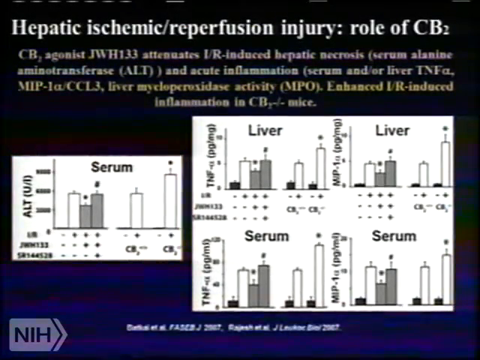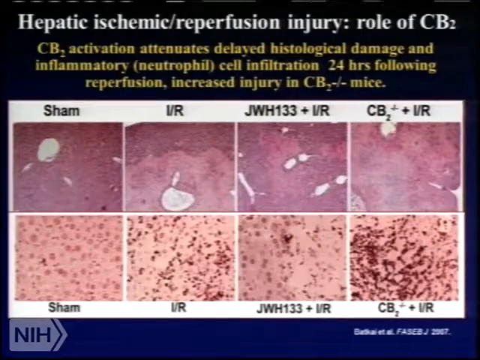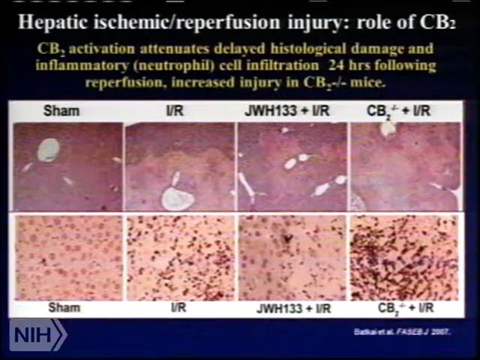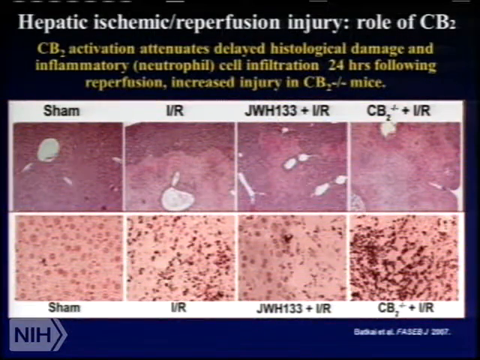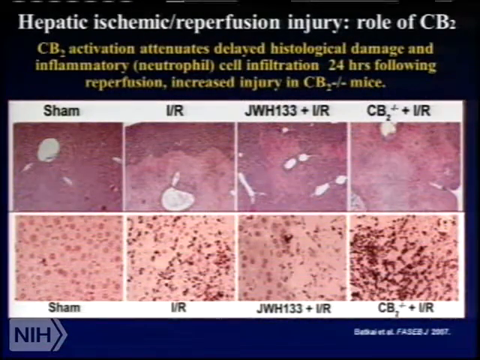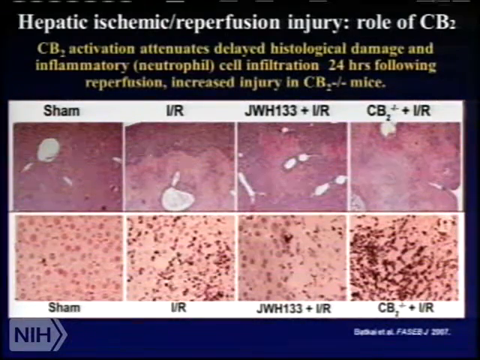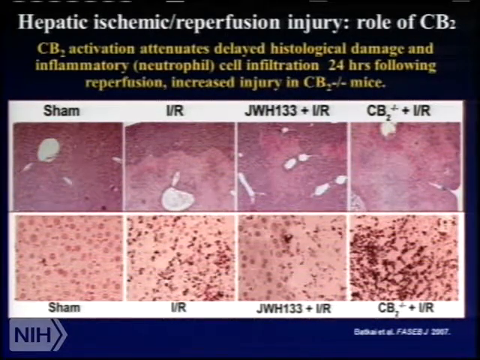And similar effects were seen on various serum and liver inflammatory chemokines and cytokines, that ischemic reperfusion increased the injury, and this was attenuated by CB2 receptor agonists. So you see marked necrosis during ischemic reperfusion. This is more focal, with less necrosis with CB2 agonists, and there is much bigger necrosis in CB2 knockout mice.